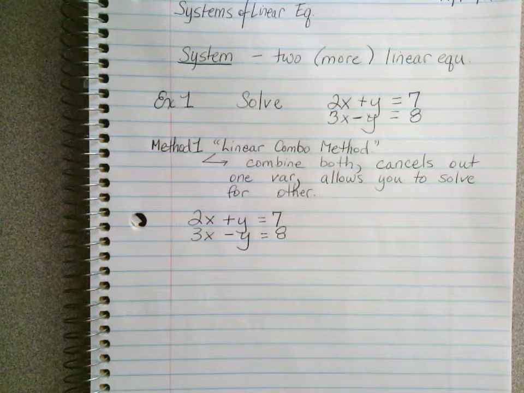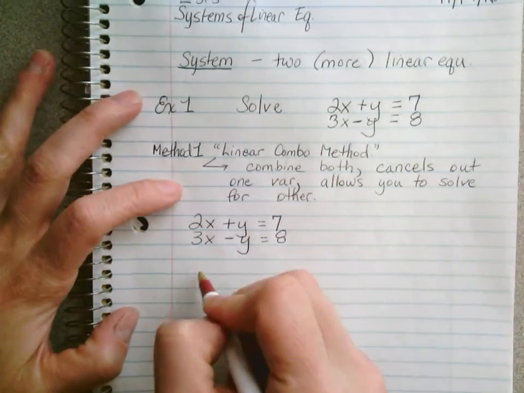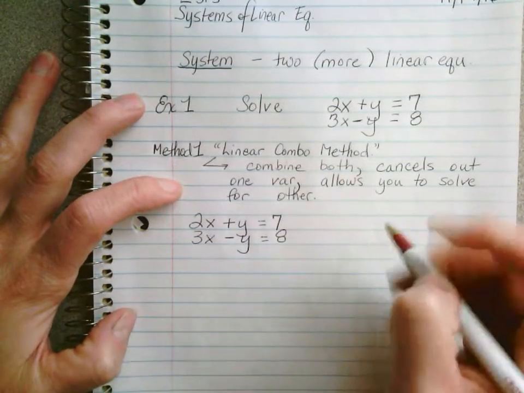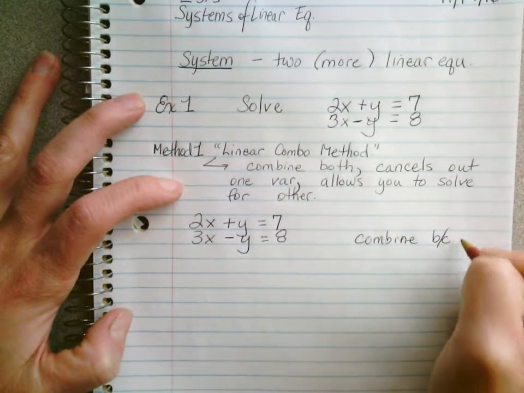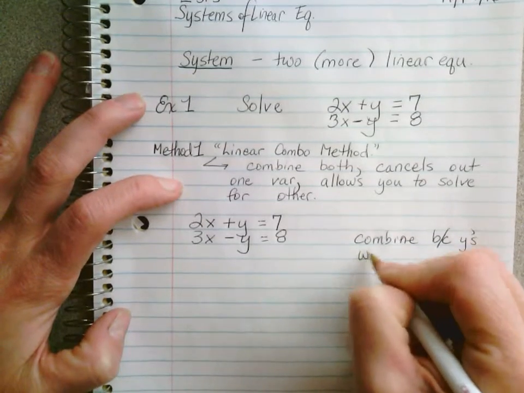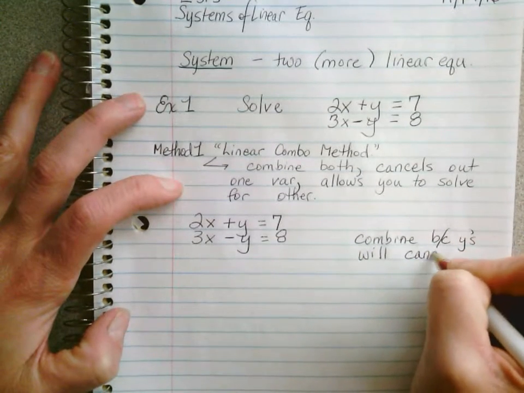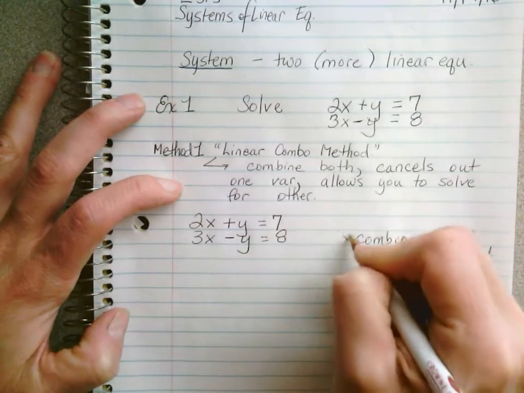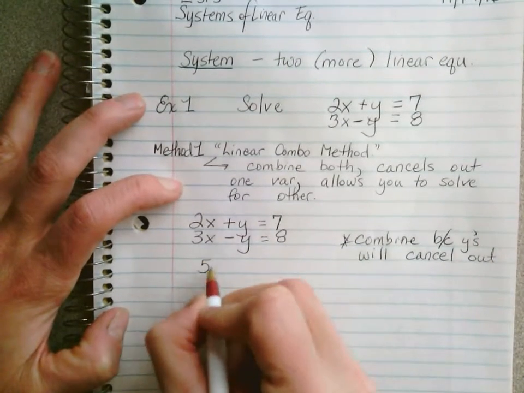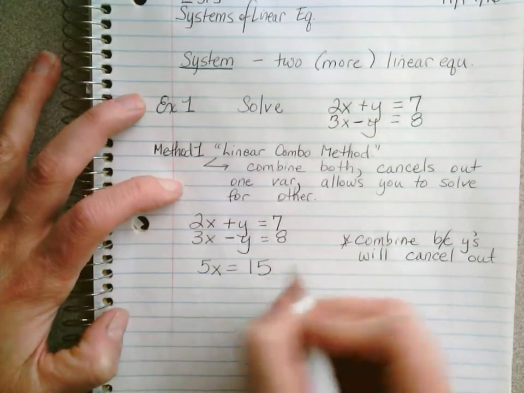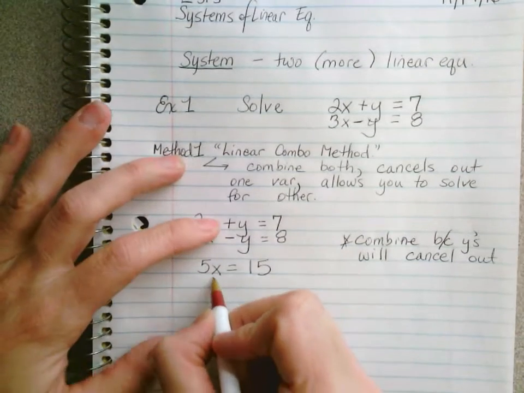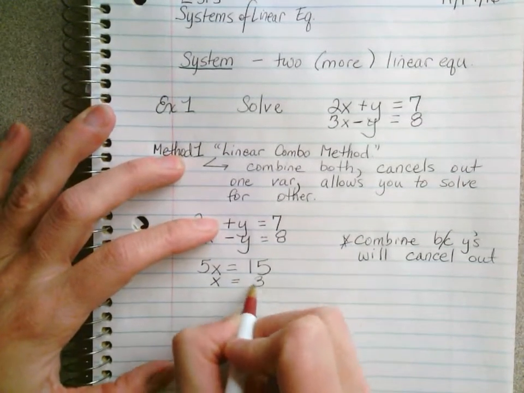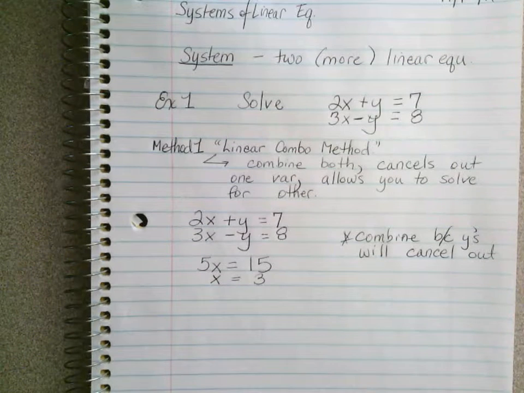If I combine just by adding these together, the y's will cancel each other out. I will now have 5x equals 15, right? 0y, the y's canceled out. If I solve for x, I uncover that x equals 3, right? Okay.